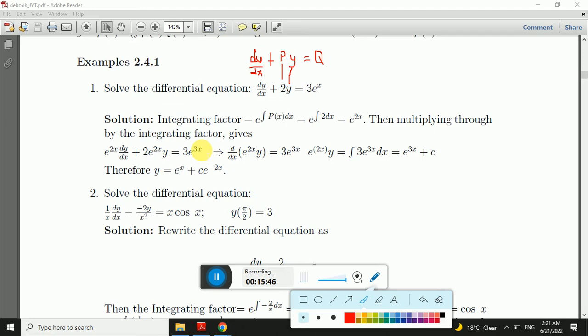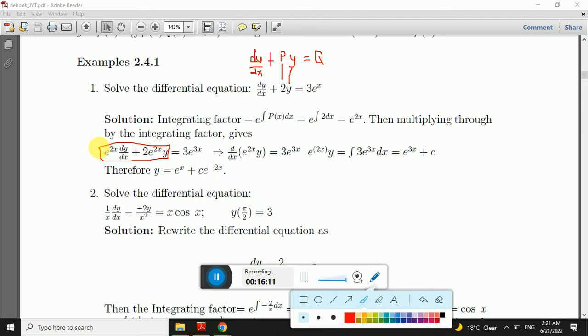Okay, then after multiplying the given differential equation by the integrating factor, you look at the left hand side. This left hand side in most cases is a result you get after differentiating some function.